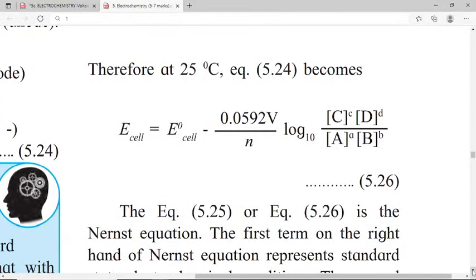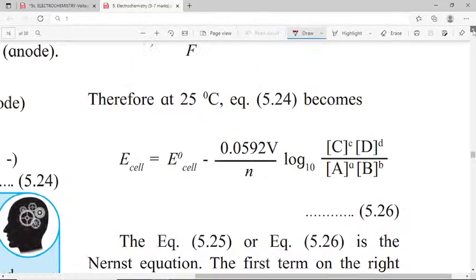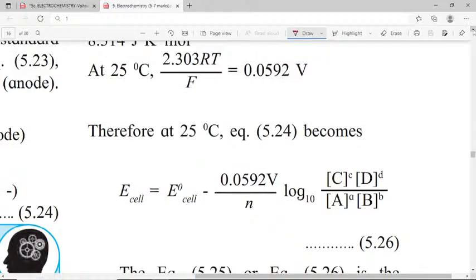At the end, the equation is E cell equals E naught cell minus 0.0592 divided by n into log to the base 10 of product divided by reactant.